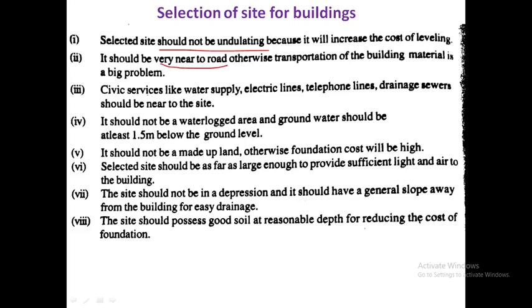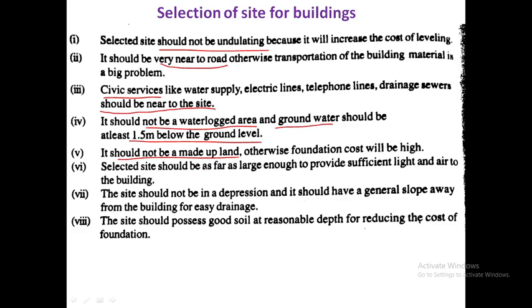Then civic services like water supply, electric lines, telephone lines, drainage, sewers should be near to the site. It should not be a waterlogged area and groundwater should be at least 1.5 meter below the ground level. Then it should not be made up land, otherwise foundation cost will be high.